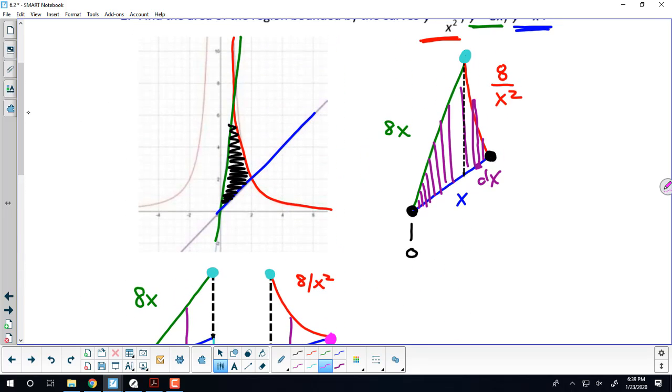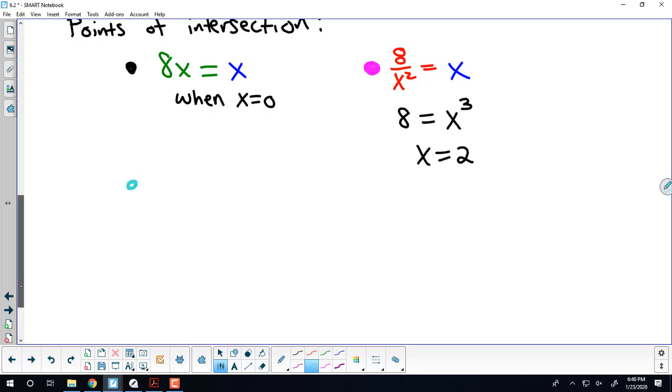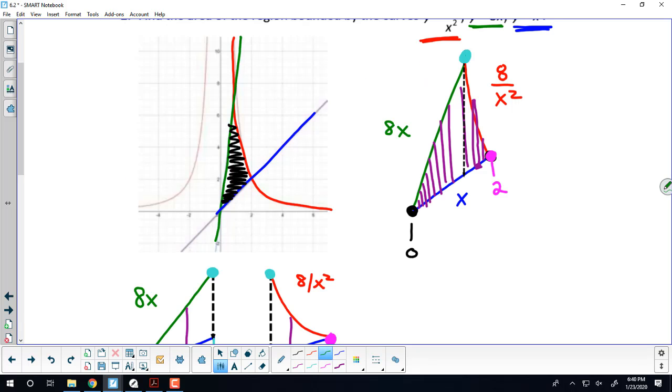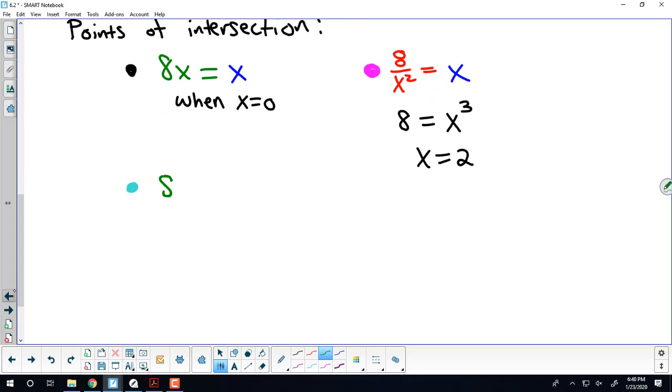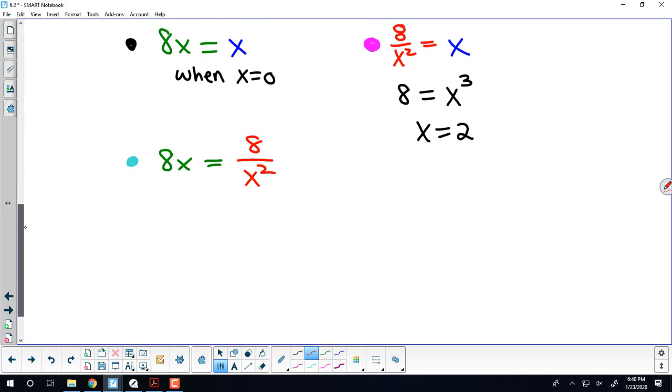let me go up here and label this. When 8x equals 8 over x squared. Okay, so again, multiply both sides by x squared.